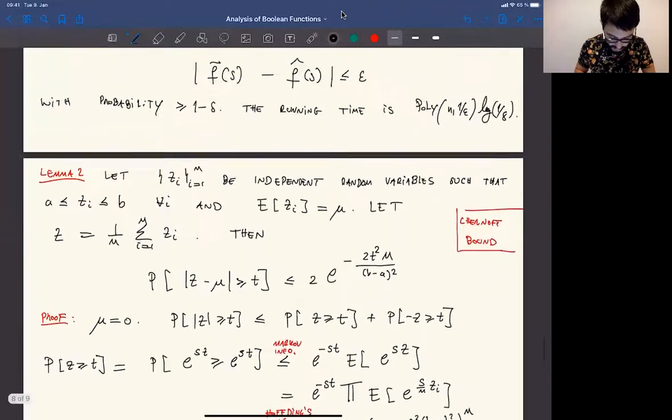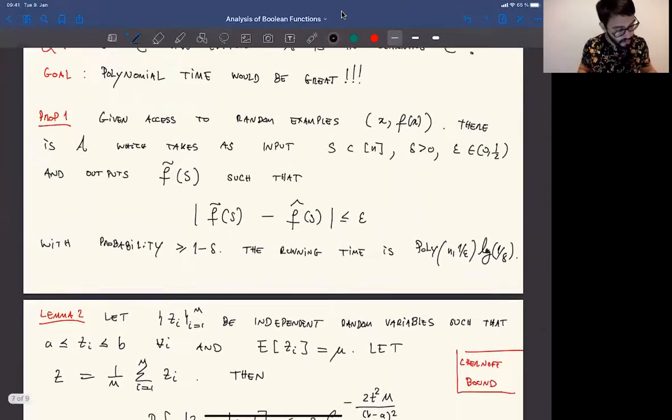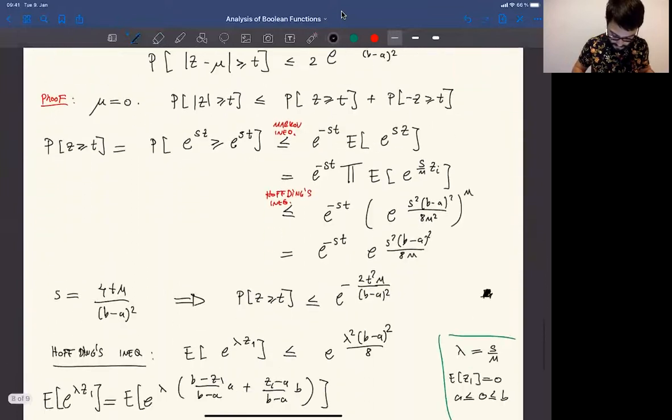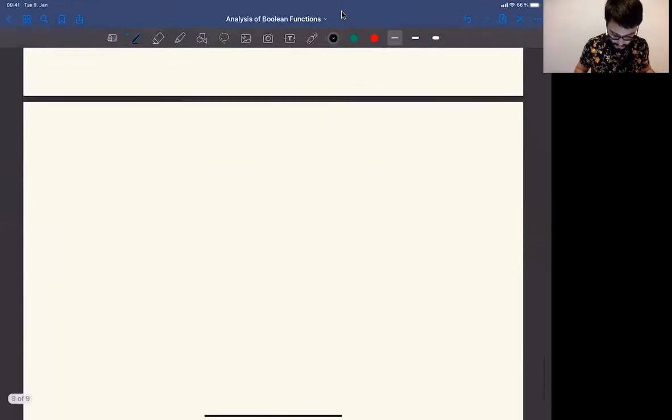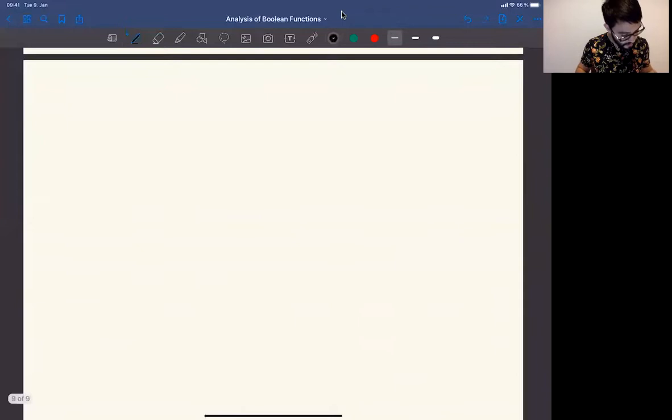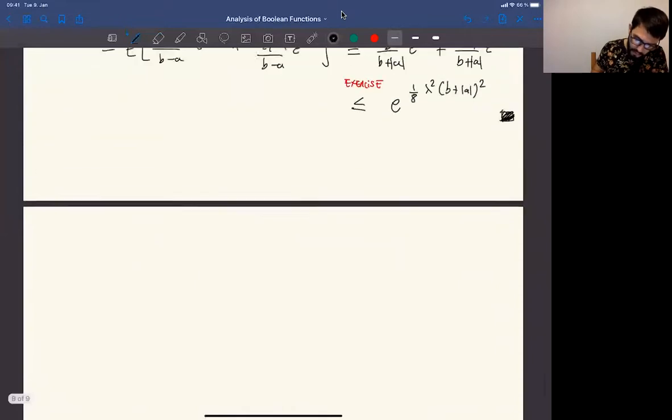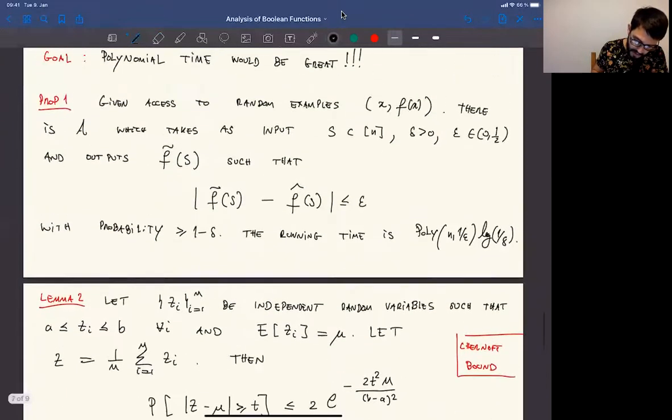So, okay, so we have this lemma, and I want to show this proposition. So now let me show this proposition. Okay, so what's the proposition? Let's read it again.